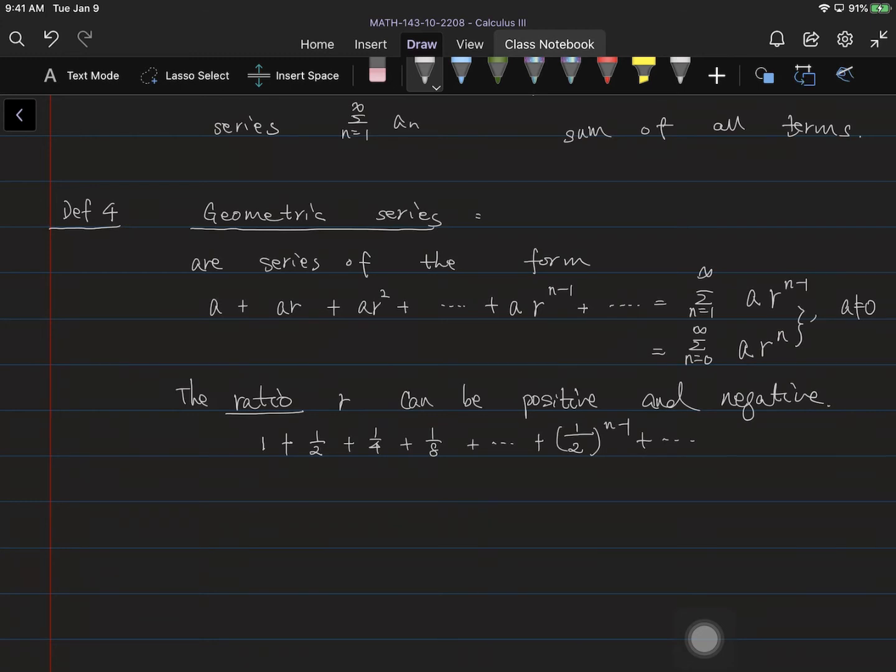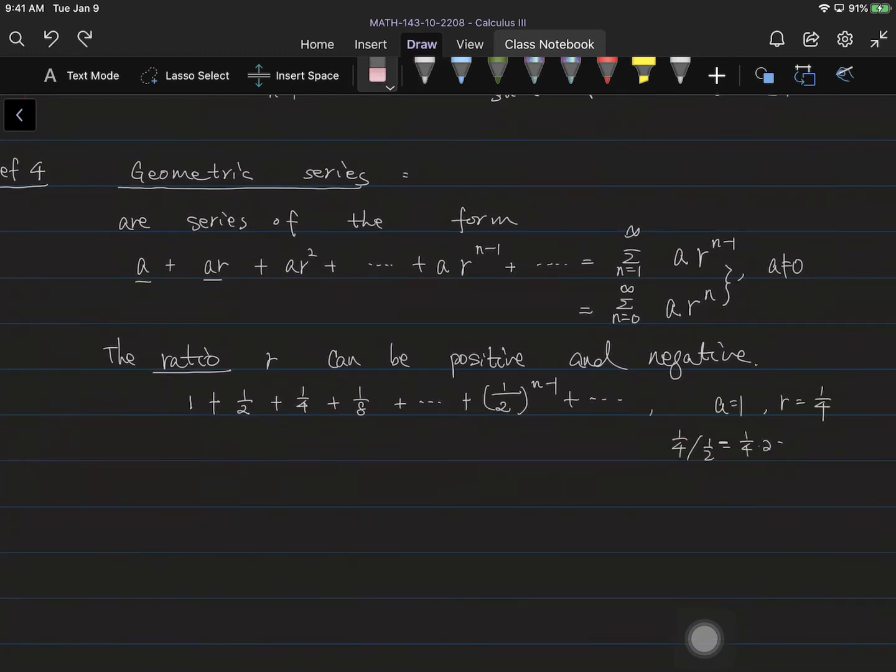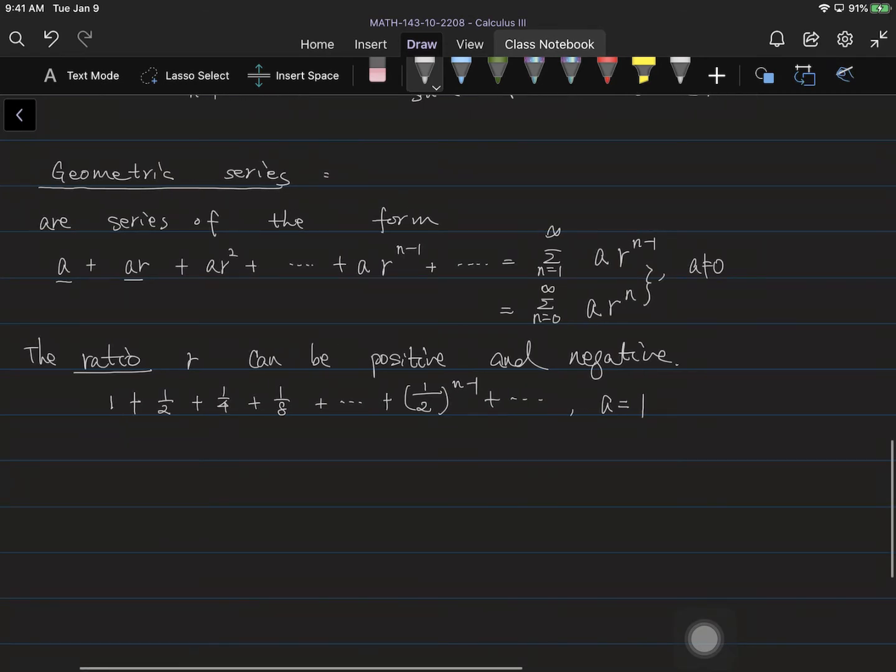Let's take a look at this one. Okay. So in the series given here, let's take a look at A. A is always the first term. For the series 1 plus 1/2 plus 1/4, A is 1. Right?